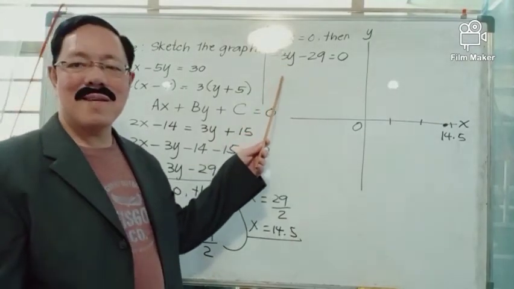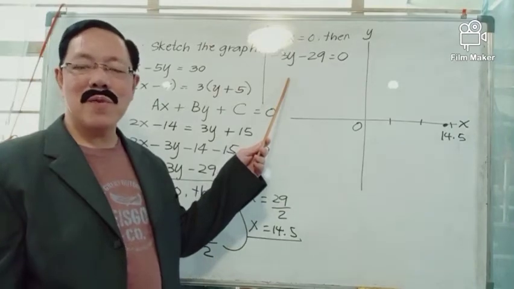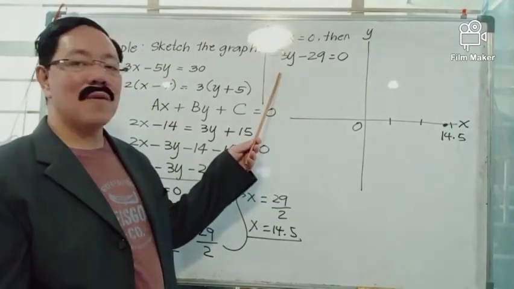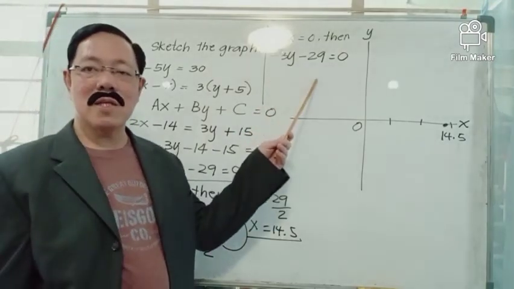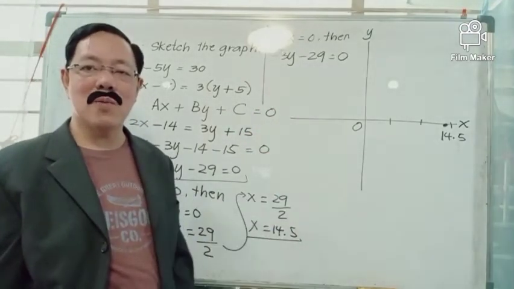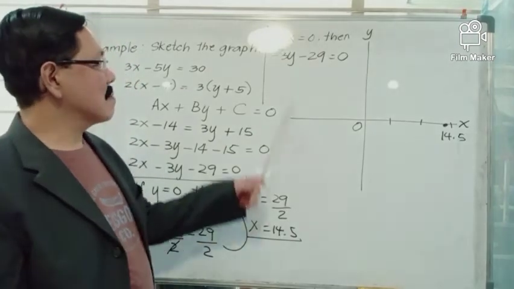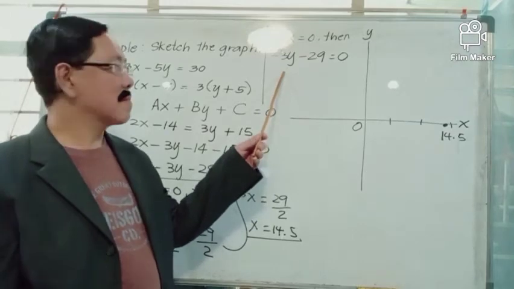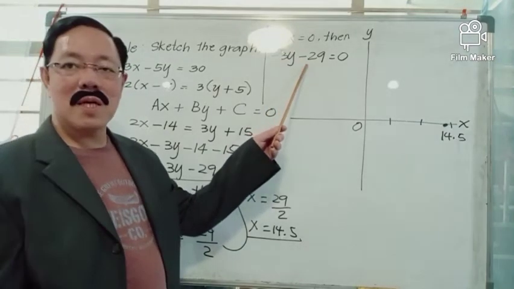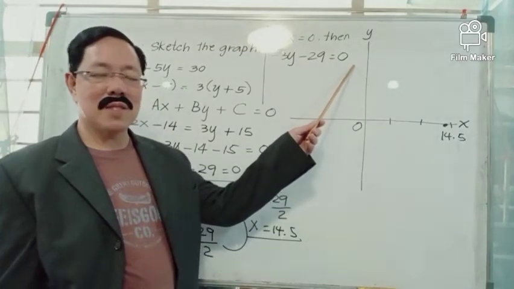Now this is a linear equation in one variable y only. And we know from last time that the graph of linear equation in y only, such as this linear equation, is a horizontal line parallel with the x-axis and perpendicular with the y-axis. And from this linear equation in y, we solve for y. Either you transpose negative 29 to the right hand side, but you take the opposite side.